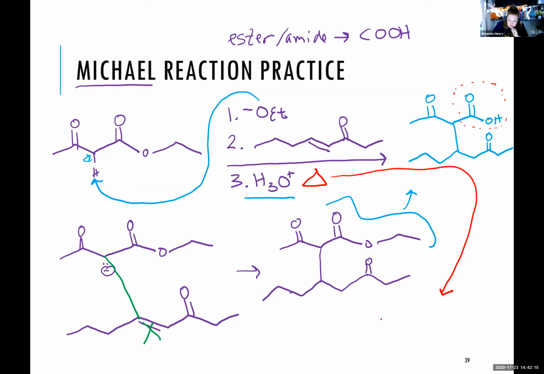And so our final product would look like that. So this is the decarboxylation. Ran out of space. So that's only if there is heat in there though. Without the heat, we keep the carboxylic acid.